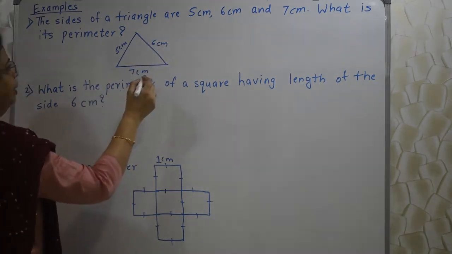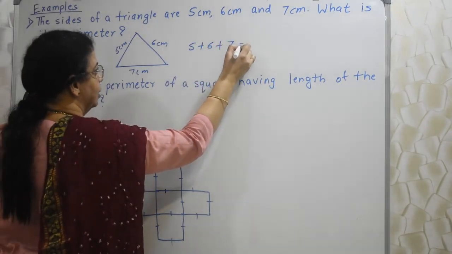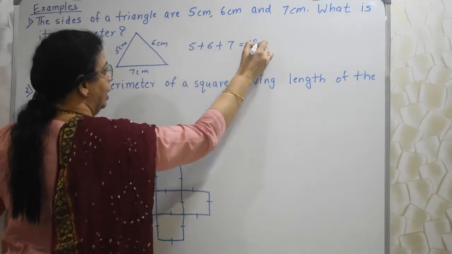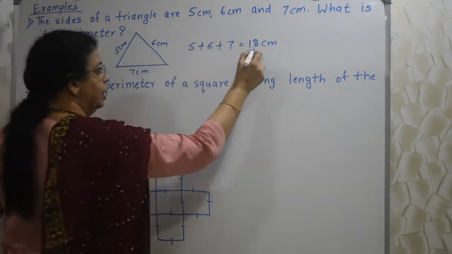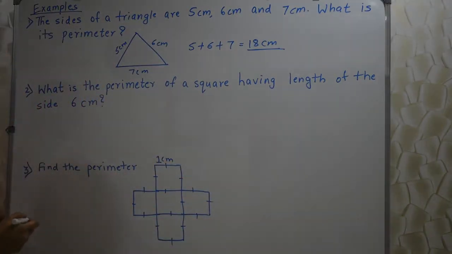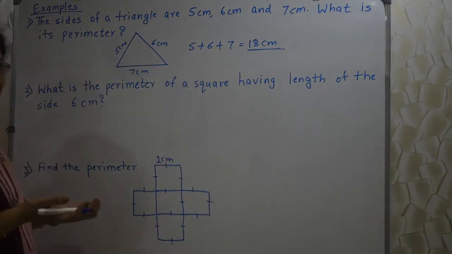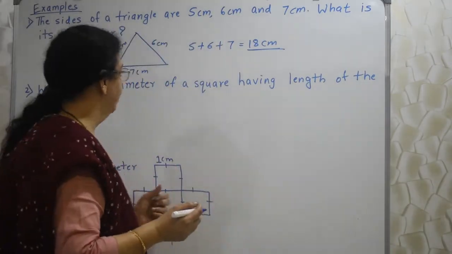What will be the perimeter? Perimeter is the sum of all the sides. So the answer is 18 cm. This centimeter is very important. Unit is very important. So simple. There was hardly anything to teach. Sum of all the sides.